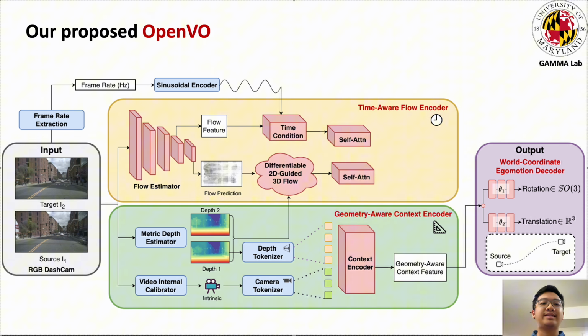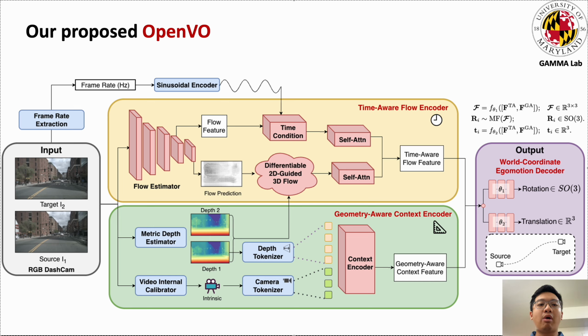These attention layers refine the spatial correlation of each pixel, now enriched with temporal cues injected by the time conditioning layer. This enables the network to reason about motion structures and geometric relationships that are consistent with the underlying temporal dynamics, yielding the time-aware flow representation that is robust to varying observation frequencies.